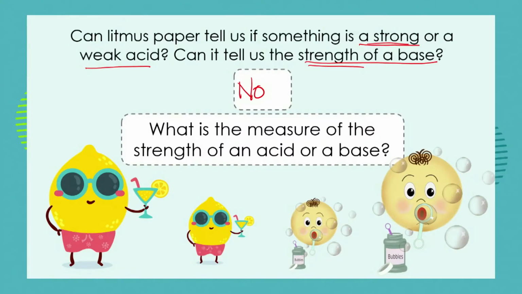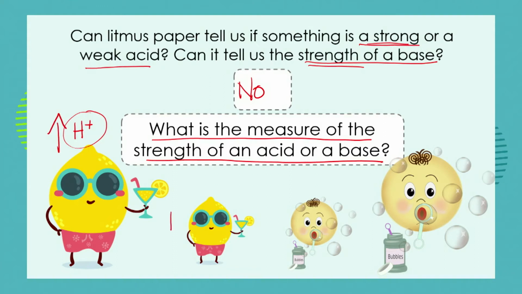So the first thing we have to determine is, what is the measure of the strength of an acid or a base? Remember, we said that acids have lots of hydrogen ions, positively charged ions. So strong acids are going to have lots of hydrogen ions, and weak acids are going to have fewer hydrogen ions.